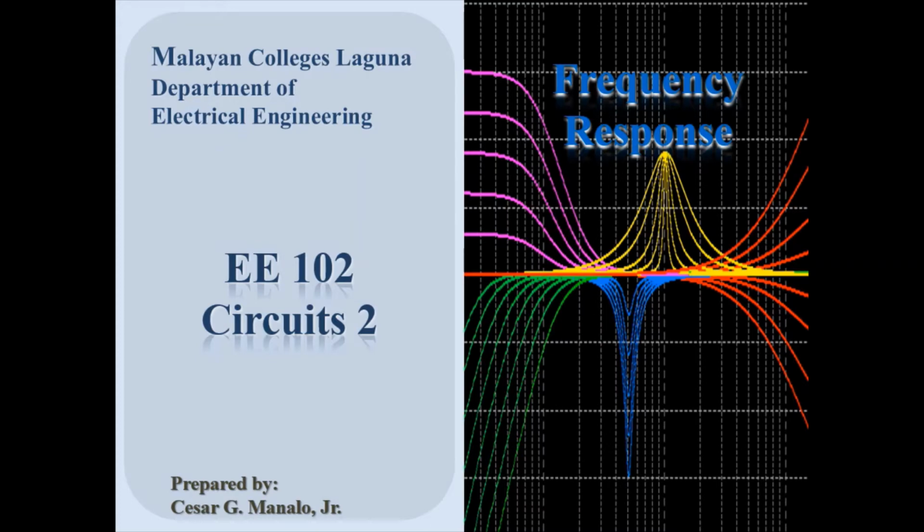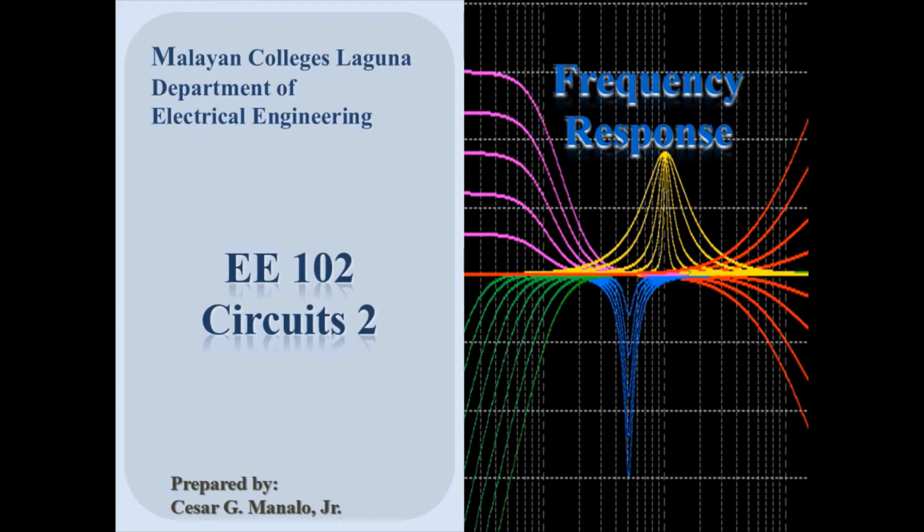In previous modules, we've been busy obtaining the responses of circuits that are excited by sources that have fixed frequencies. In fact, when we solve circuits using phasor analysis, we were not concerned at all by the frequency of the sources.